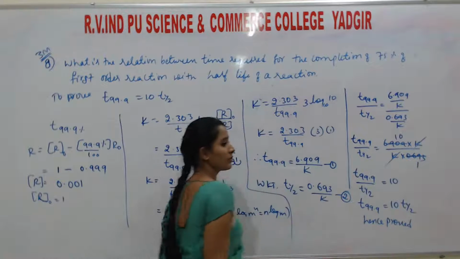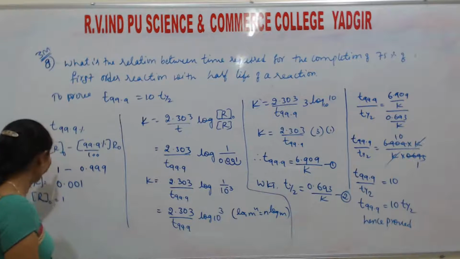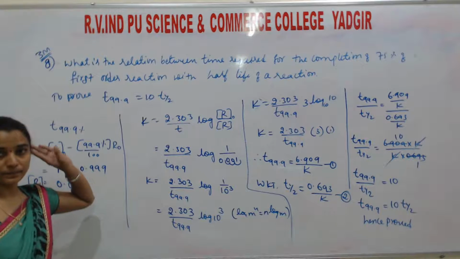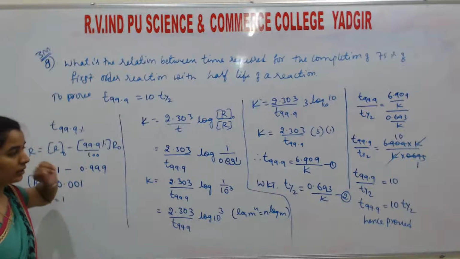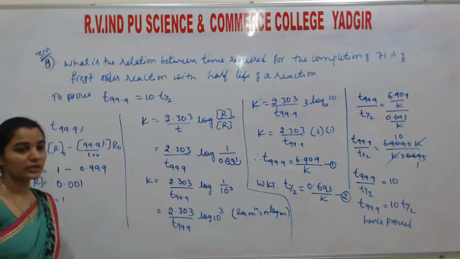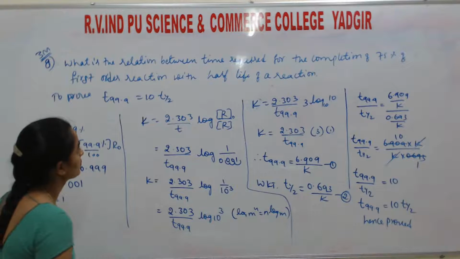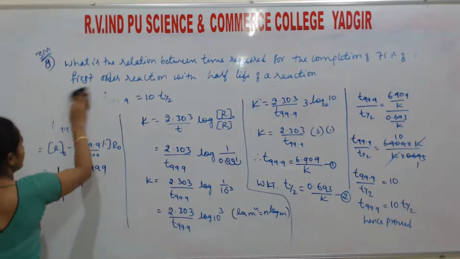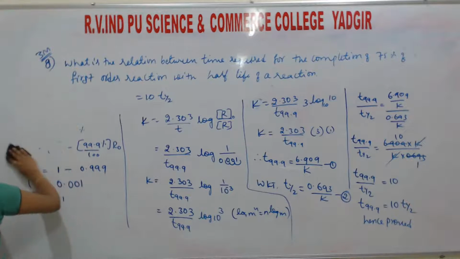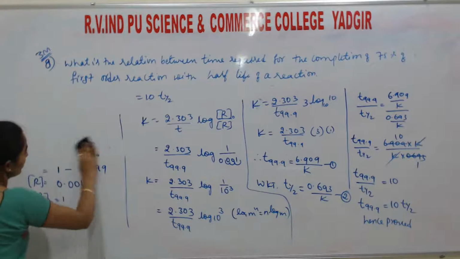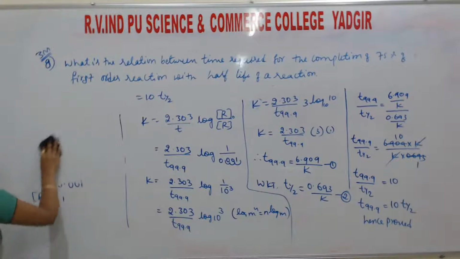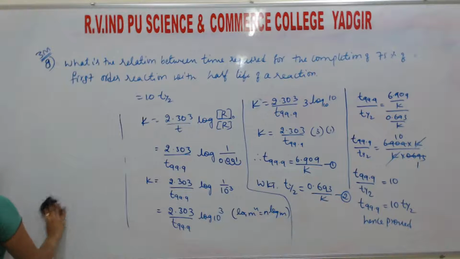So students, this is homework for you. So instead of 99.9, you have to take 75. Okay, then you get the relationship; in the next class I'll do it. Write down the question and solve by yourself. In the place of 99.9, you have to take 75.